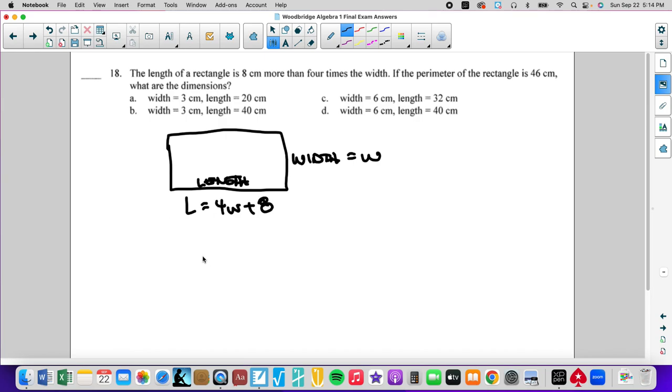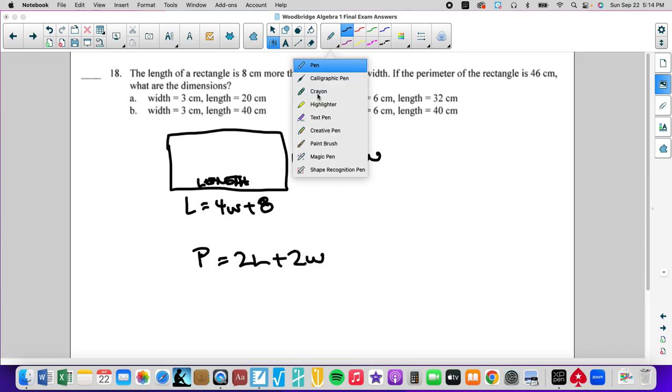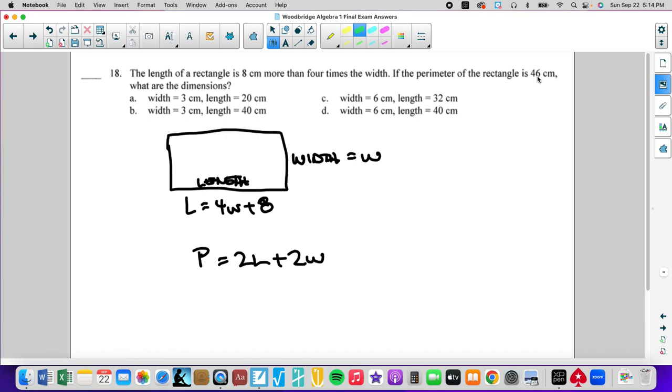So now we use the equation perimeter equals 2L plus 2W, and we start substituting values. I know that my perimeter is 46. I know that my width is W, and I know my length is going to equal 4W plus 8.